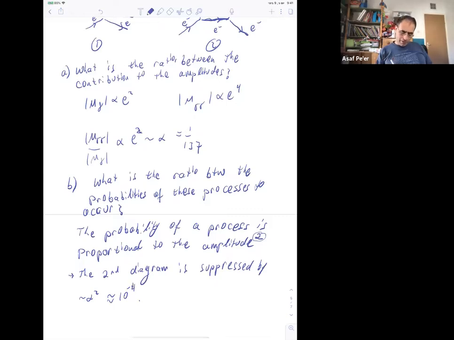Then you have to add up the correction of the second diagram. This depends on the energy that you're looking at, because the coupling constant is not really constant.